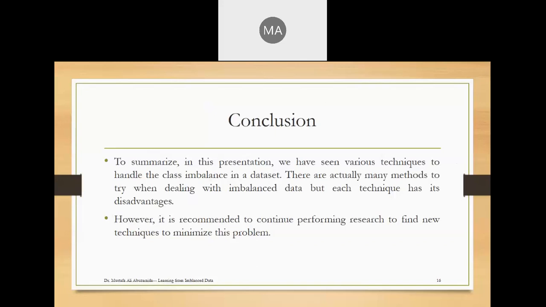Maybe some of your students will choose this topic to start doing research. Maybe we can find different techniques to train the model using imbalanced data without affecting the data. This is the most important point I can summarize from this presentation.